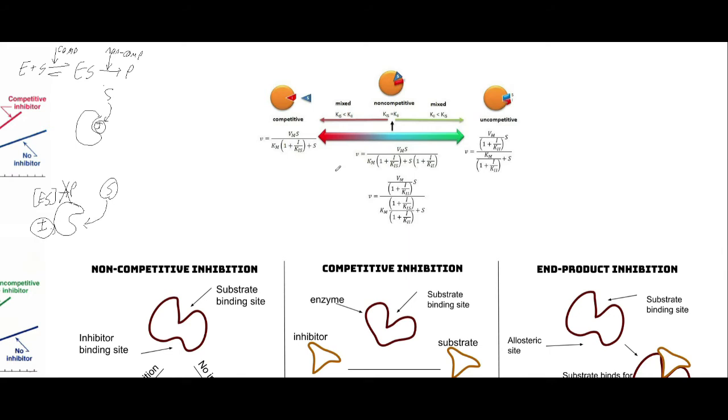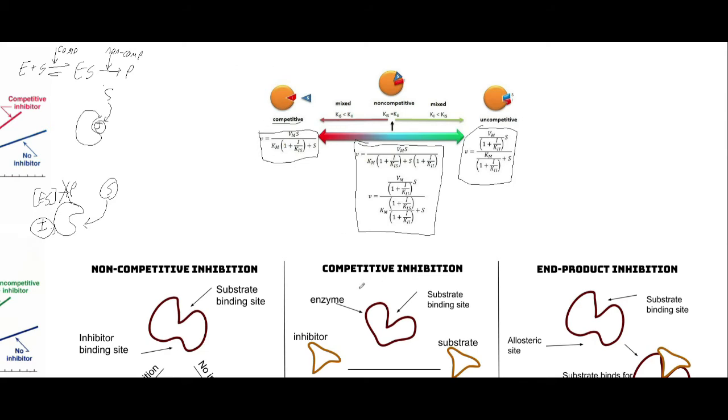Well, first let's just mention this. These are how the Michaelis-Menten equations are changed for a competitive, for a non-competitive, and an uncompetitive inhibitor, if we have some kind of inhibitor present.